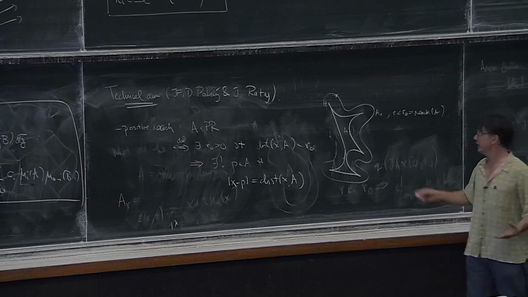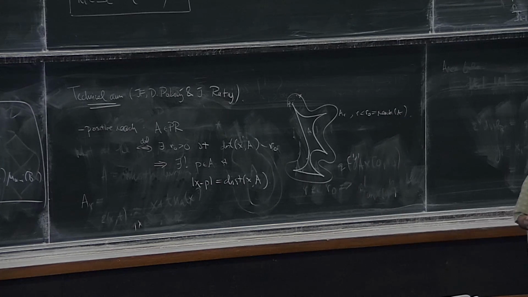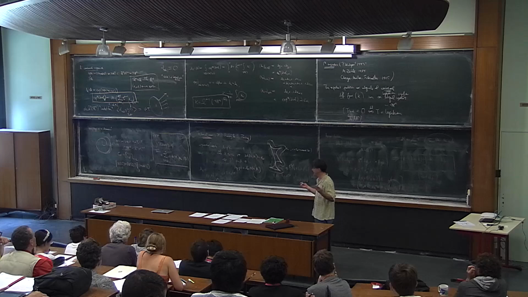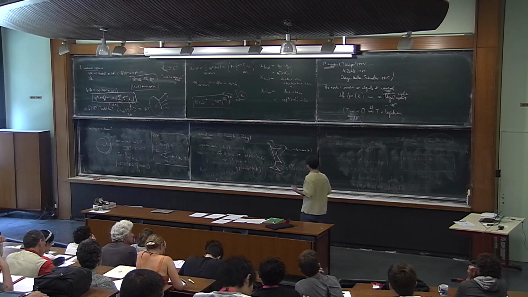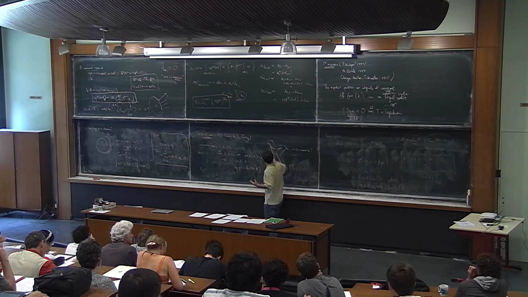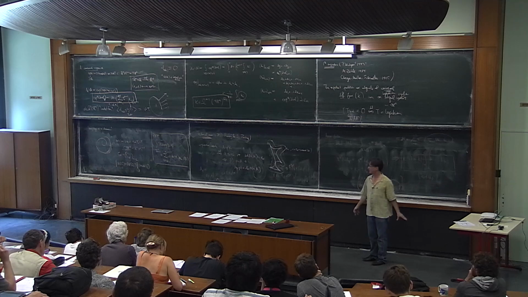Well, almost smooth. It's not C2, but C1,1, it has a Lipschitz normal. And so from the geometric measure theory point of view, there's no difference with C2. And so with this perspective, all this other stuff goes through.